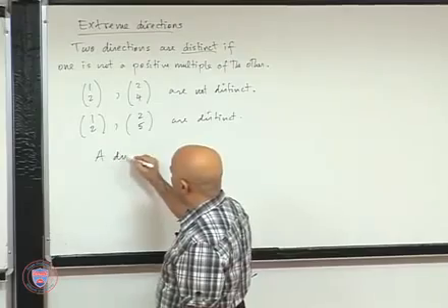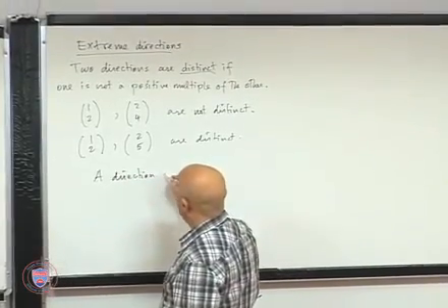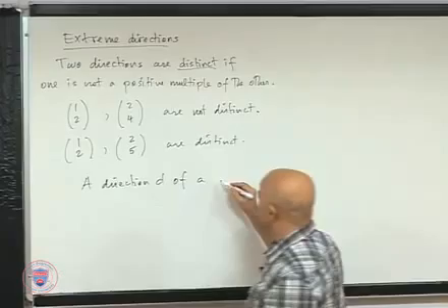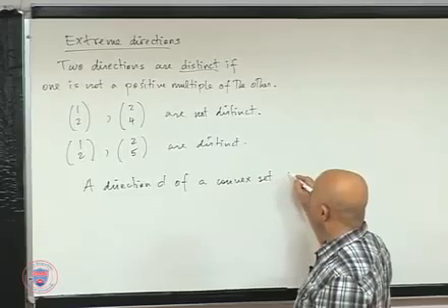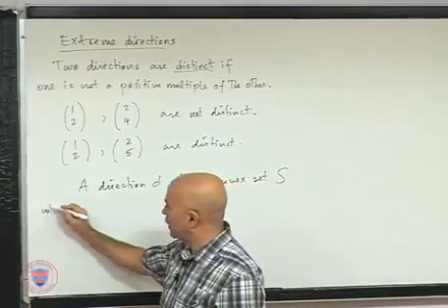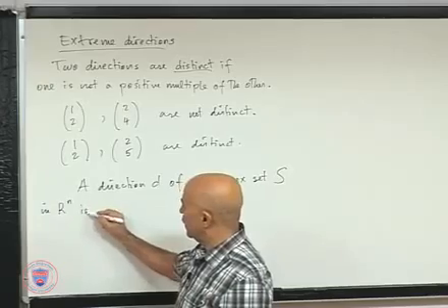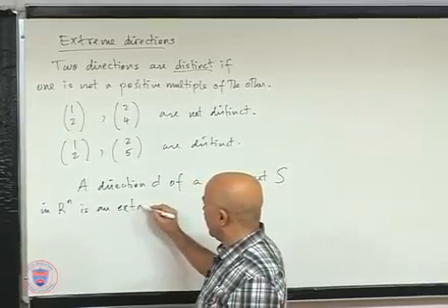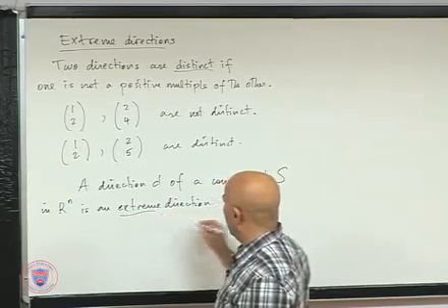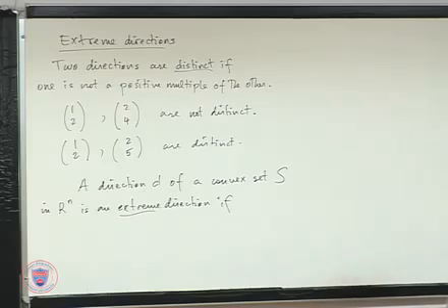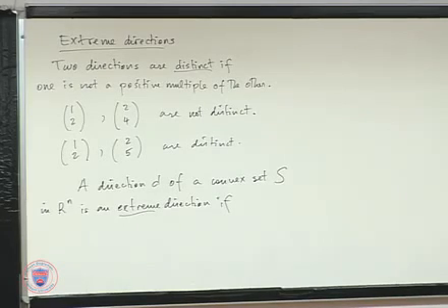A direction D of a polyhedral set or a convex set S in Rn is an extreme direction if D cannot be expressed as a positive combination of two distinct directions of the same set.